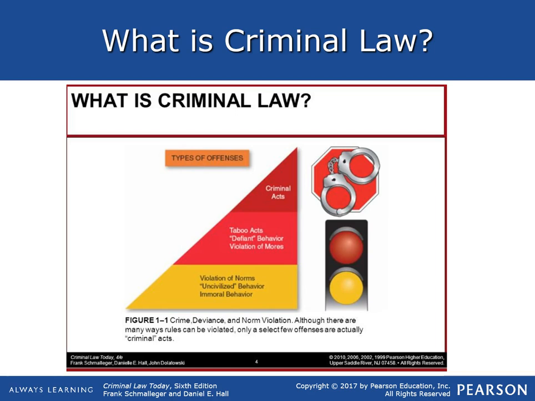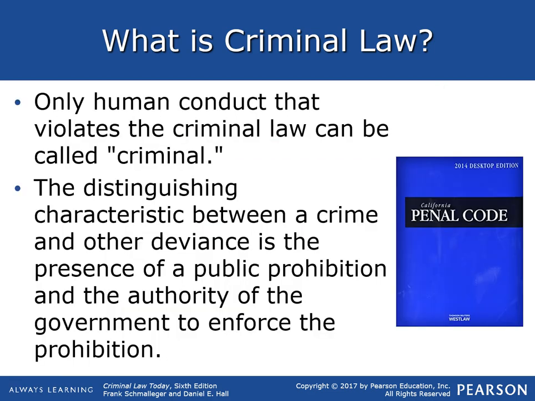And then at the bottom, the violation of norms, what we might consider uncivilized behavior or immoral behavior. So again, crime, deviance, and norm violation, although there are many ways rules can be violated, only a select few offenses are actually what we would call criminal acts.